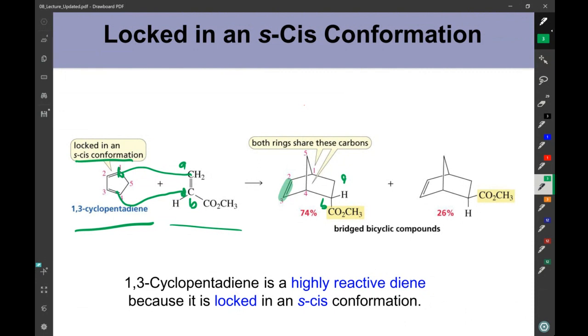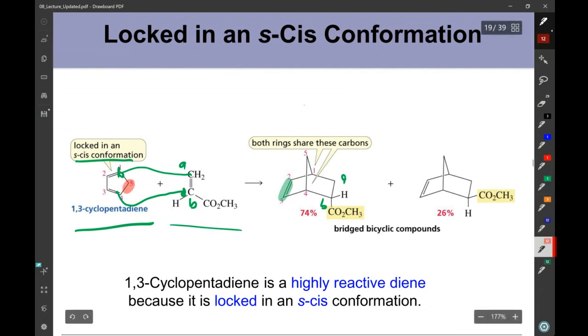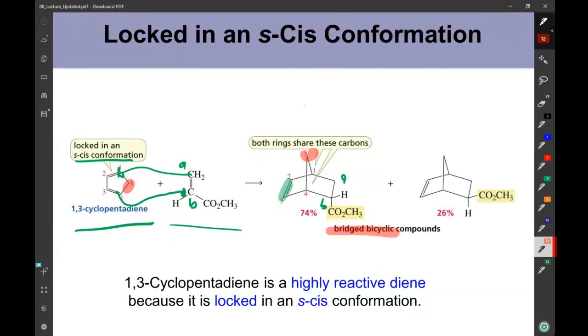Then carbon 5, I want you to notice the behavior of carbon 5. Carbon 5 is connected between 1 and 4. So carbon 5, the way you could draw it, was a little bit out of the structure. And so that will be our carbon 5 there between 1 and 4. This kind of molecule is referred to as a bridged bicyclic compound. We refer to them as bridged bicyclic compounds.